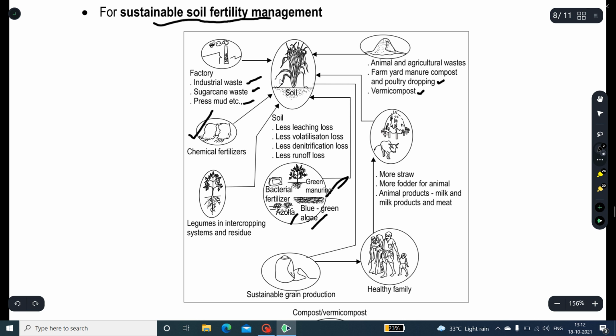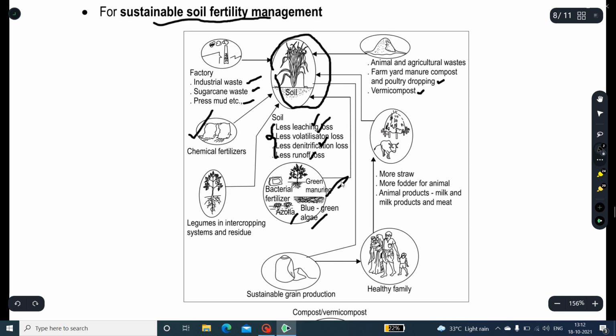These nutrients may be reduced in soils due to leaching, volatilization, denitrification or runoff. These are the removal processes of nutrients, and in the case of effective soil management, it leads to sustainable grain production.